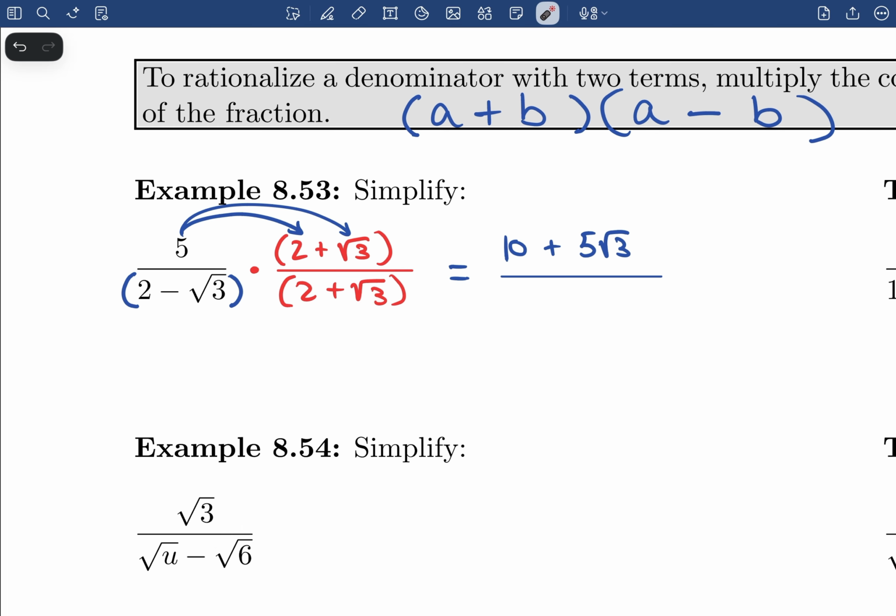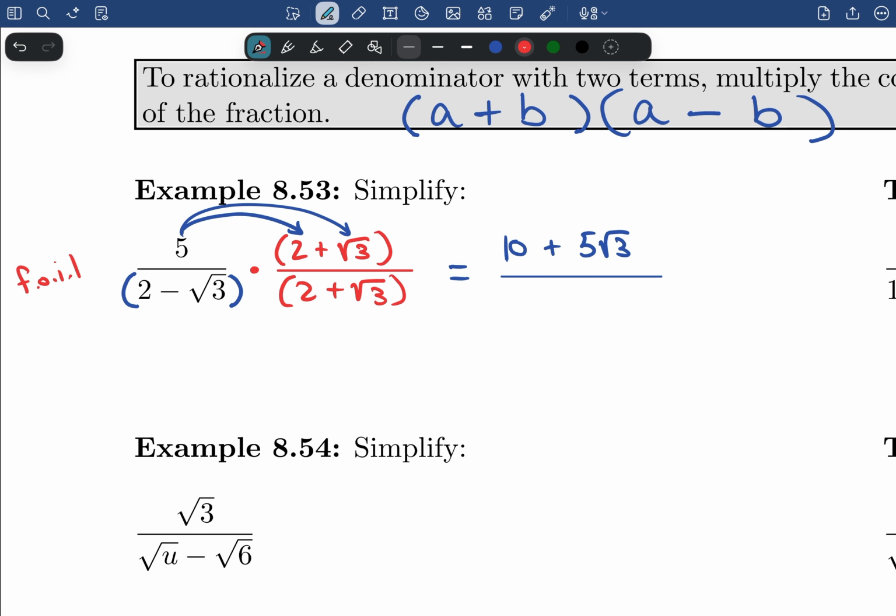And we notice we have a binomial times a binomial, so we need to FOIL, right? To multiply two binomials together, we FOIL. That's first, outer, inner, last multiplication, like we're used to with two binomials. And so I take the first terms, multiplying them together. 2 times 2, that gives me 4.